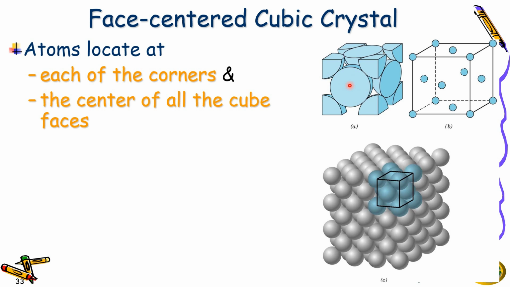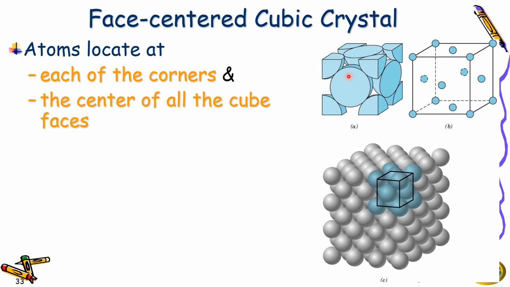So please tell me how many atoms in this unit cell. Can you tell me how many atoms? You have 1 at each corner, right? And how many on the faces? This is half of the atoms, right? So how many atoms in this unit cell? You have 6 faces, remember?